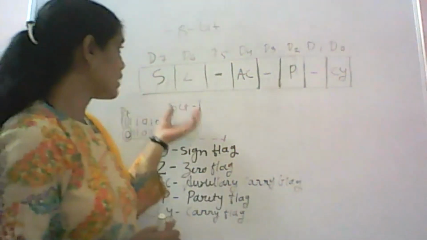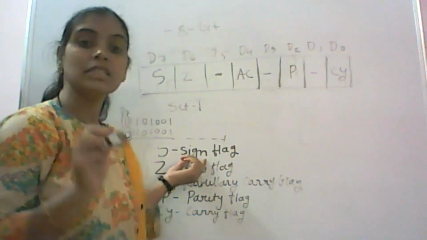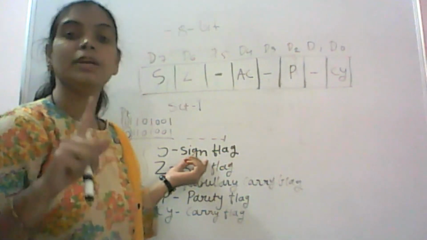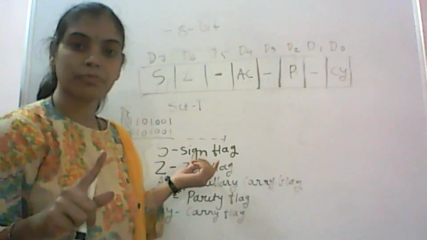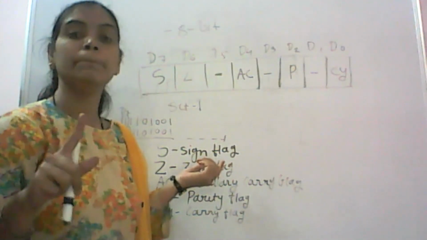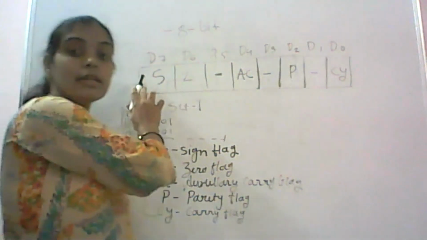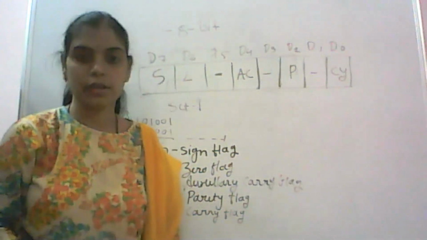Again I am repeating this sign flag. Sign flag is set to 1 if bit D7 of the result in the accumulator is 1.